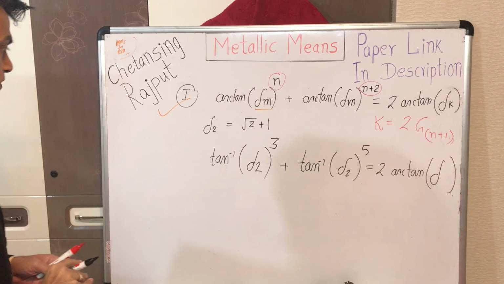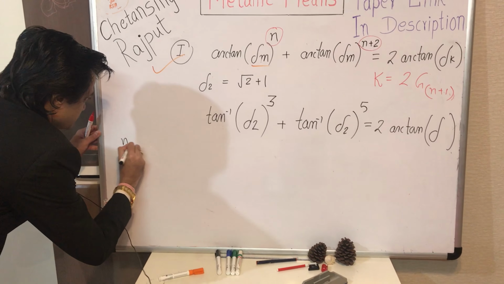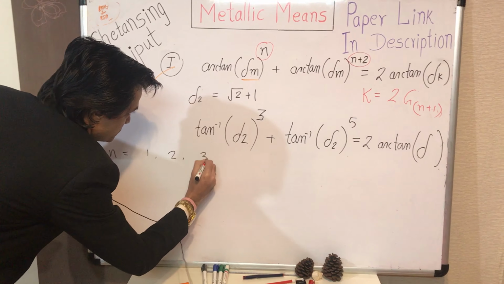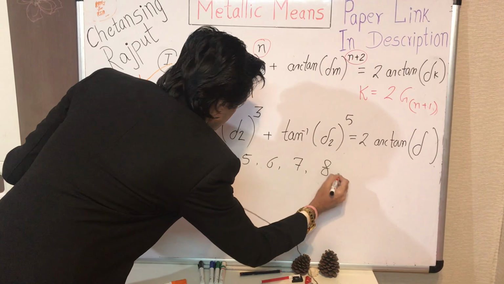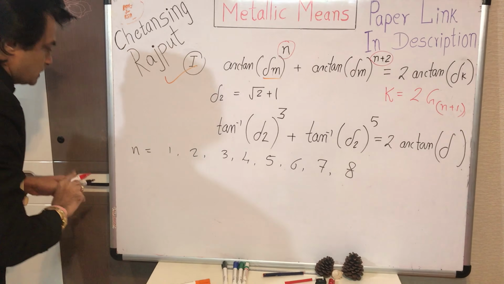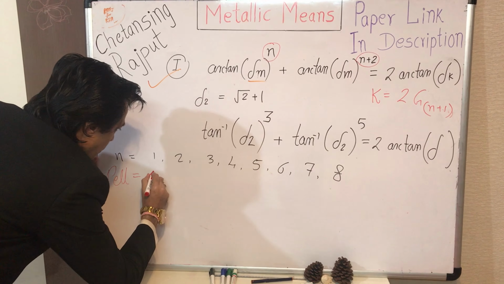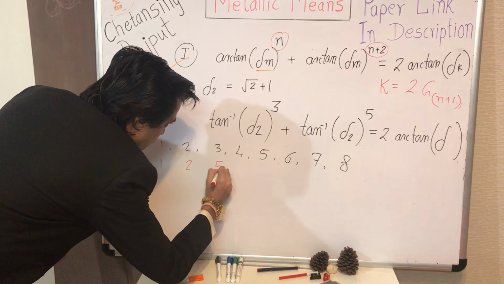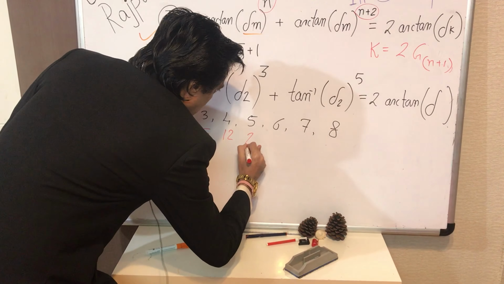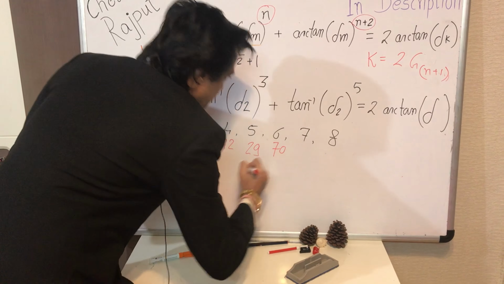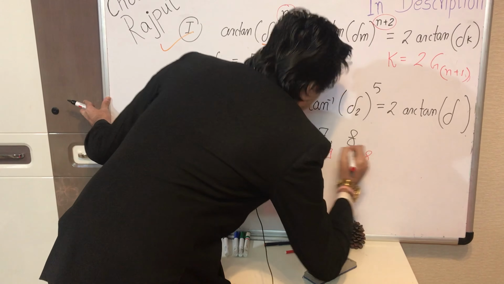See the Pell number sequence. Let me write down the Pell number sequence associated with the silver ratio. If n is equal to 1, 2, 3, 4, 5, 6, 7, 8, 9 and so on, the associated Pell numbers are like 1, 2, 5, the fourth Pell number is 12, then 29, 70, this will be 169, this will be 408 and so on.